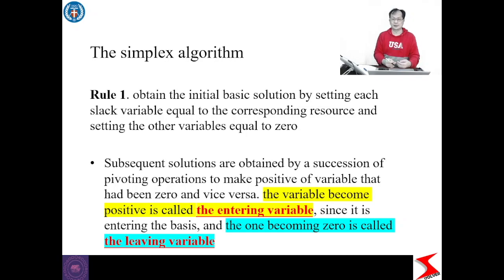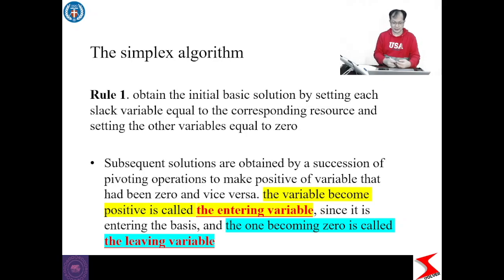Now, because the resource and the slack variable are equal, that means actually no resource is used. So we try to decrease the value of the slack and increase the value of x1 and x2.